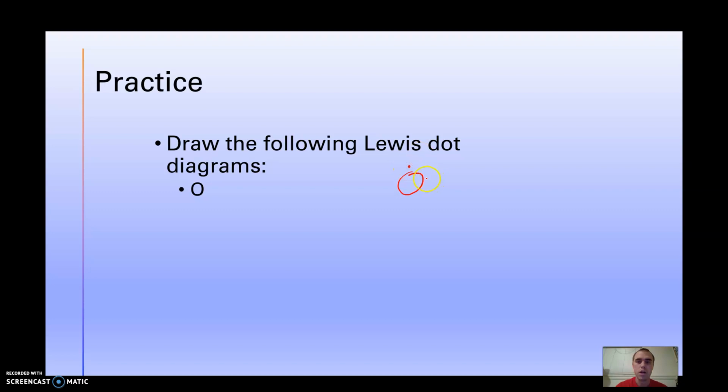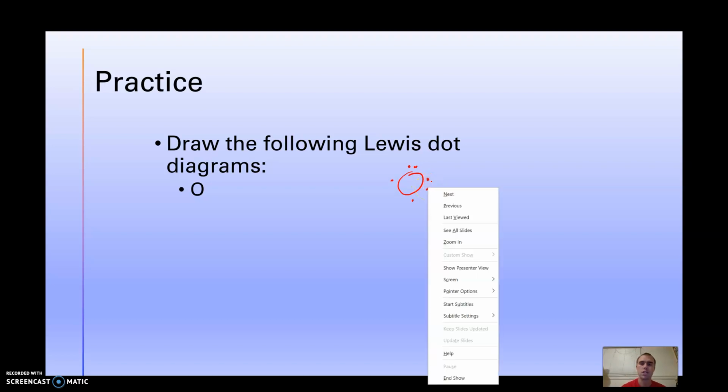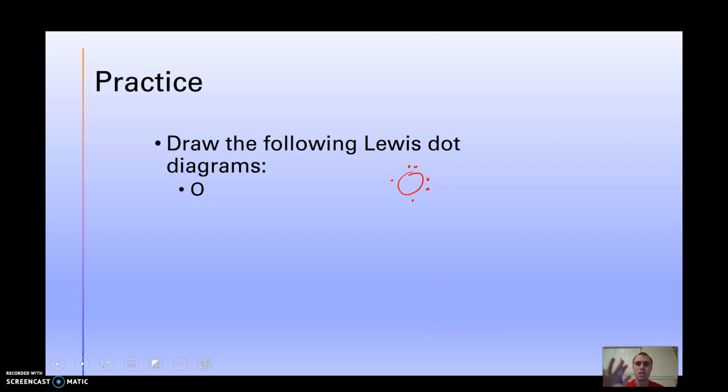We're going to put 1, starting at the top and going clockwise. So there's 1, 2, 3, 4, and then we start to double up. 5, 6. And once we get to 6, we stop because oxygen only has 6 valence electrons.